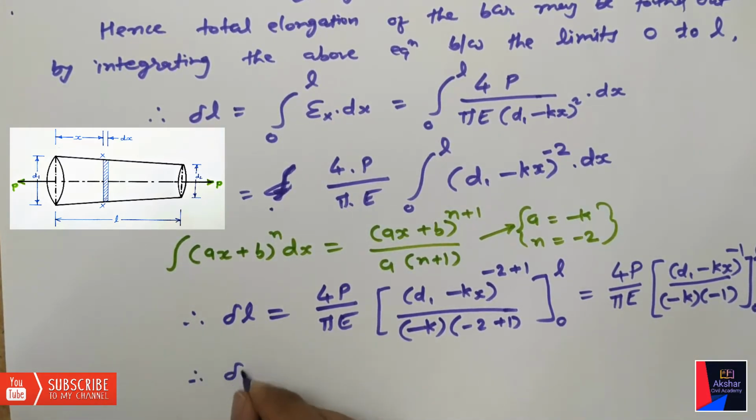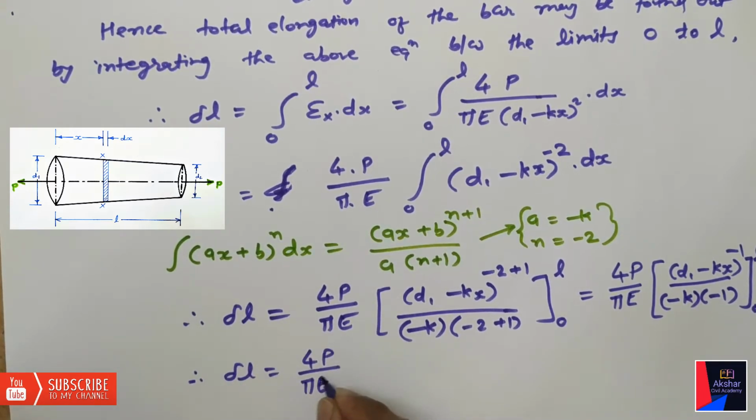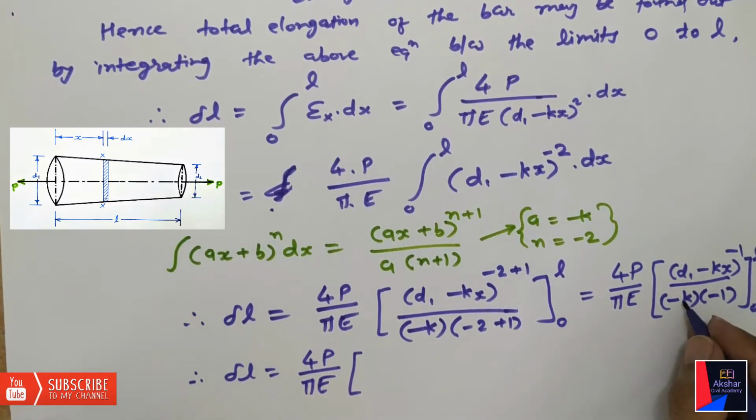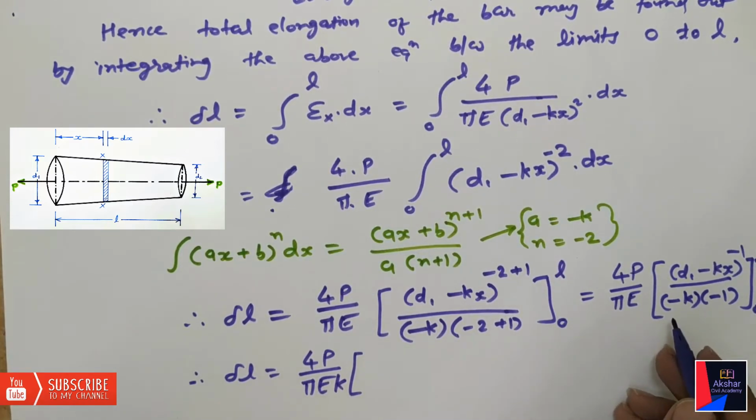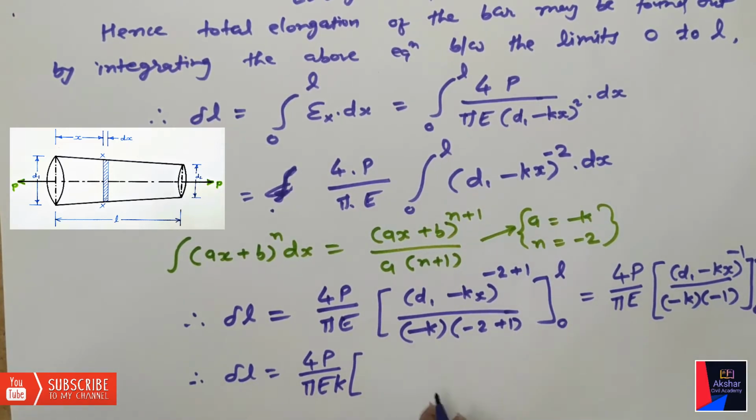So we will get del L is equal to 4P upon pi E, d1 minus k. See here, minus and plus, and k into 1 will be k, so we can take it out. K will come out here as it will be constant, and we don't need to put the value of limits in this, that's why we can take it out.